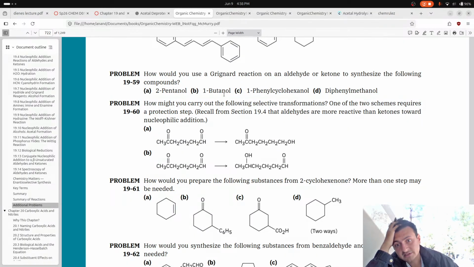One phenyl cyclohexanol. Wait, one phenyl cyclohexanol? What the hell is phenyl cyclohexanol? Is that what I think it is?